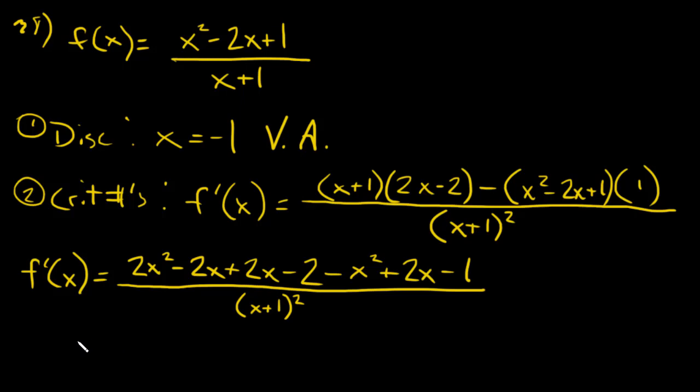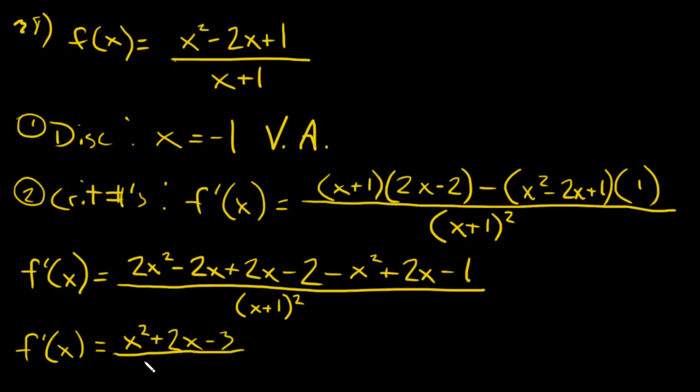Okay? So last but not least, I wind up with f prime of x equal to, alrighty, 2x squared minus x squared is x squared. Negative 2x plus 2x cancel. Plus 2x is what's left over here, so plus 2x. And then minus 2 minus 1 is a minus 3.